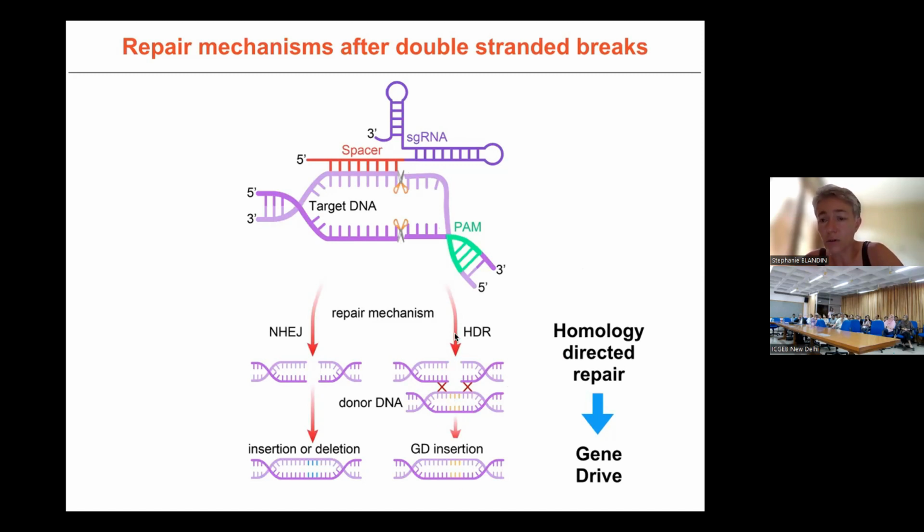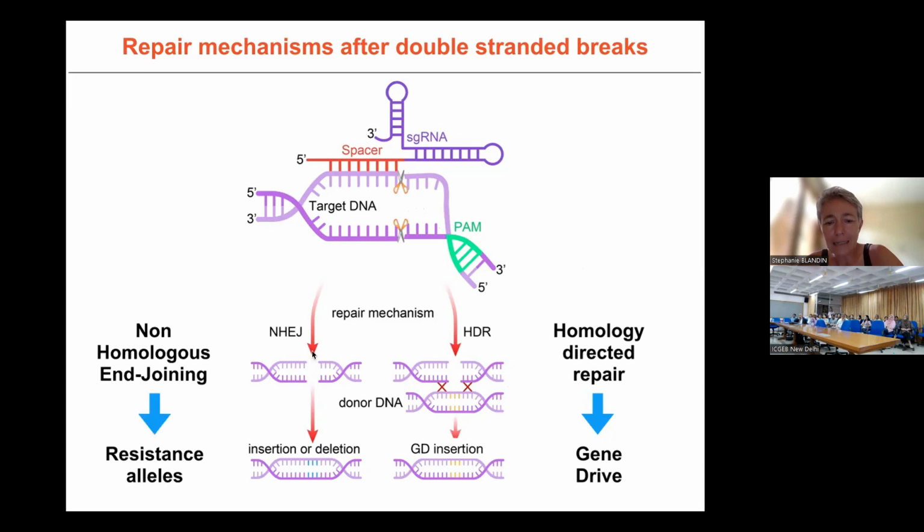Now, there's another way to fix a double-stranded break. It's called non-homologous end joining, and in this case, basically the cell will try to stick together the 2 bits of DNA that have been cut by gluing them, right? And the fact that it glues them means that it will add some nucleotides or remove some nucleotides.